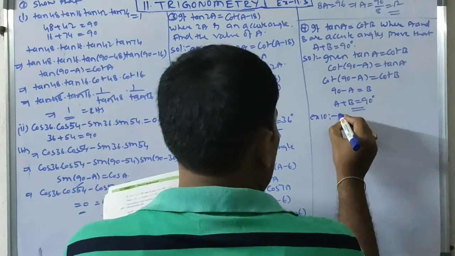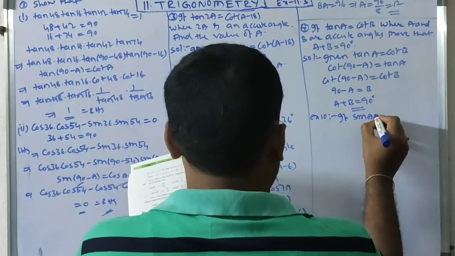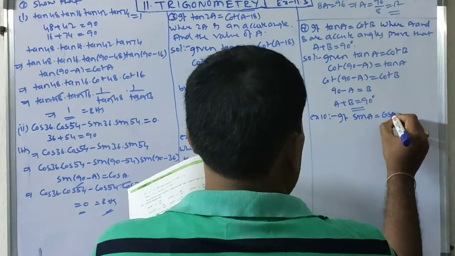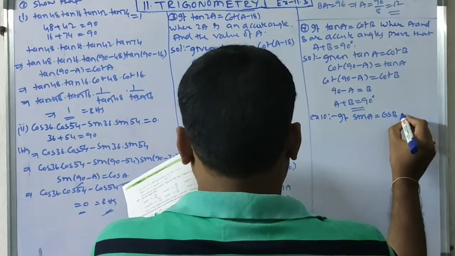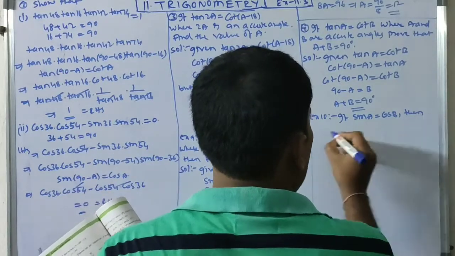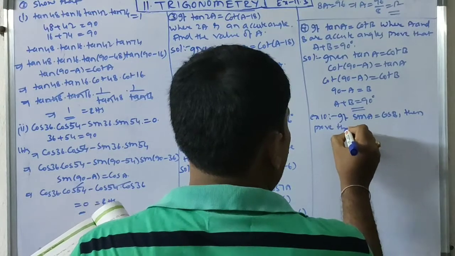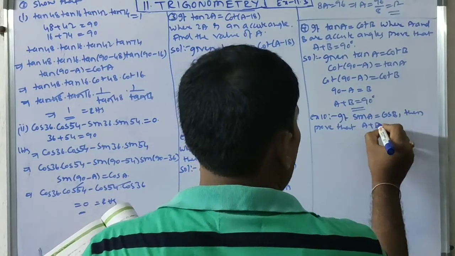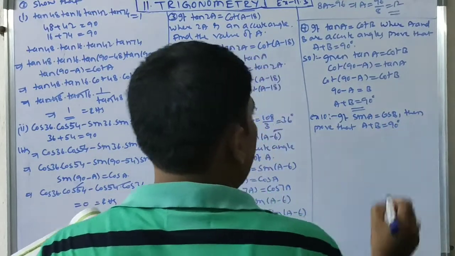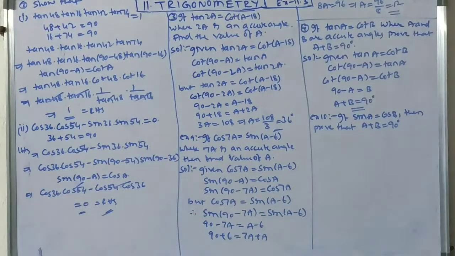If sin A equals cos B, then prove that A plus B equals 90 degrees. Solution.